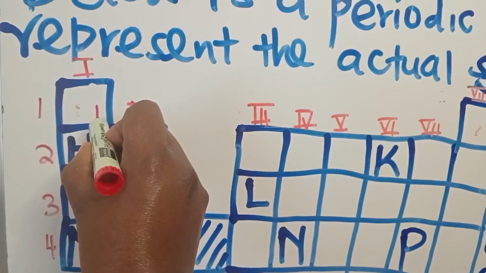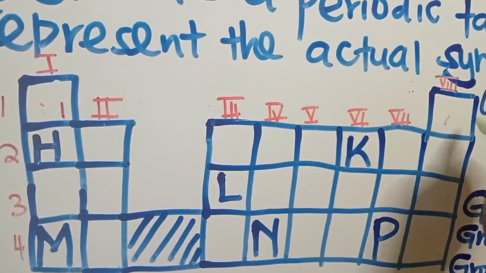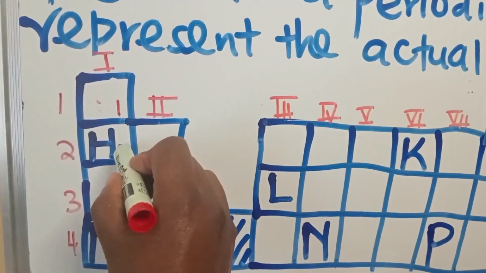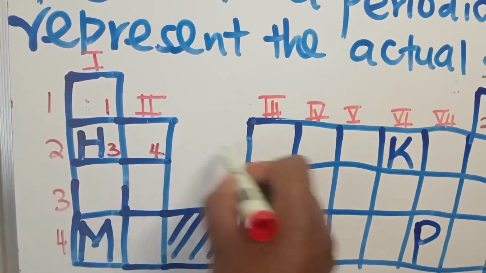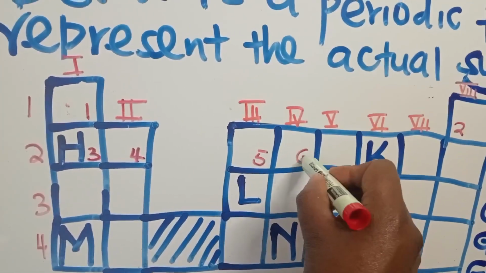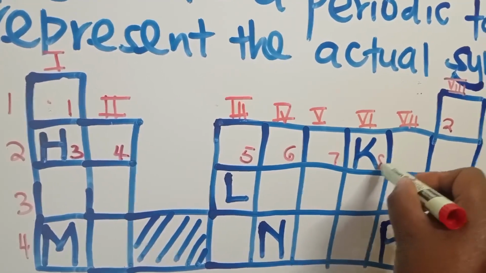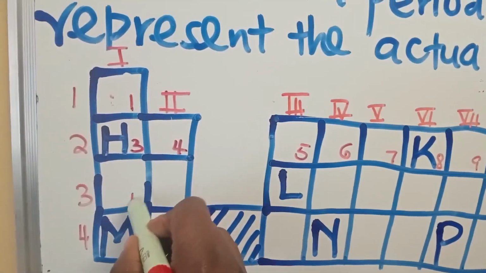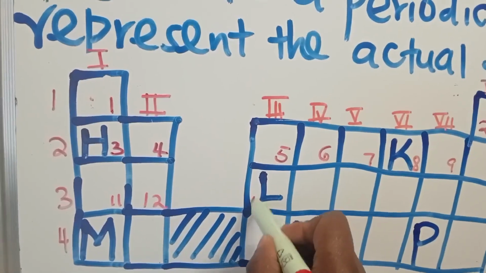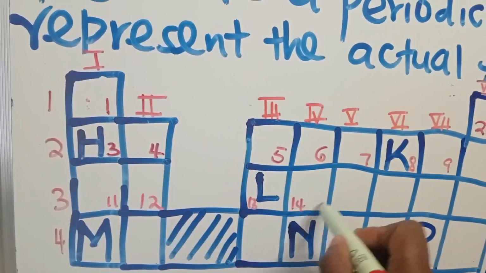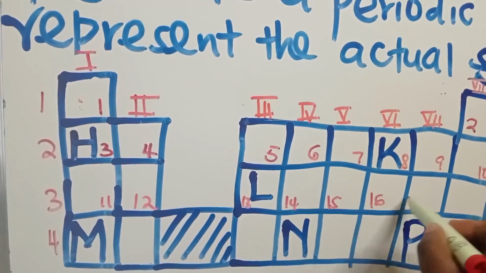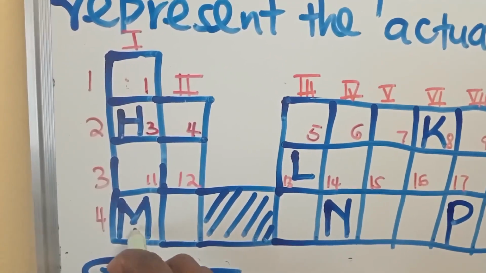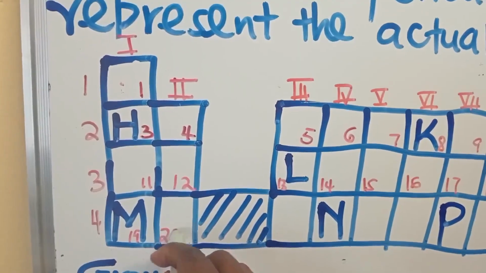Number 1, we go to the other end, we write number 2, we come back here, number 3, number 4, number 5, 6, 7, 8, 9, 10, 11, 12, 13, 14, 15, 16, 17, 18, down here 19, 20.